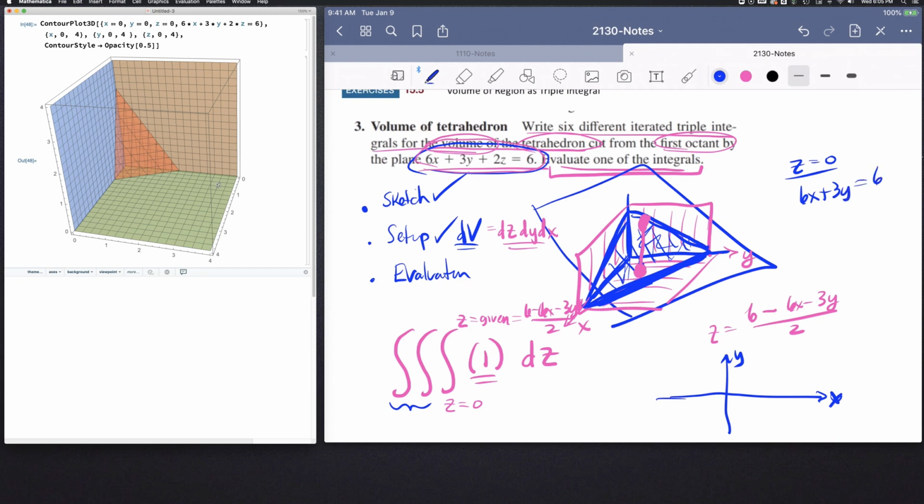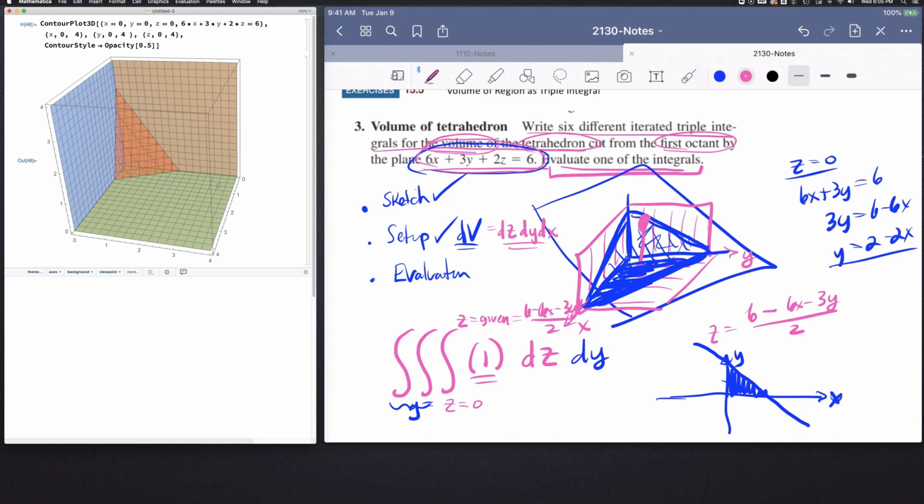And then if we want to do the dy integral next, we need to solve for y. Okay, and we could see that that line 2 minus 2x has a y-intercept of 2 and a negative 2 slope. So this region that we're seeing here in the xy plane is this region right here.